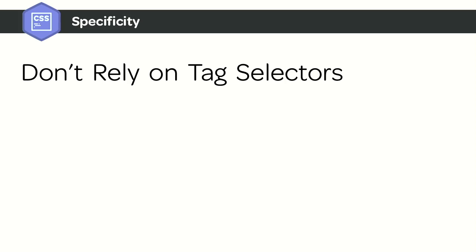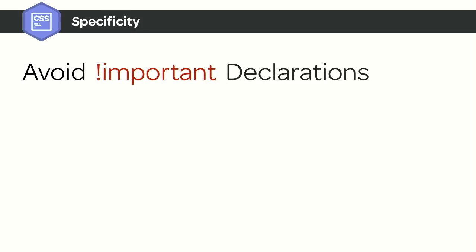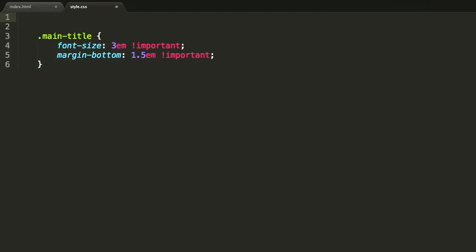It's also important that we do not rely on tag selectors because tag selectors are not reusable and they could be easily overridden, which then makes our CSS architecture more fragile. And finally, we'll need to avoid those important declarations in our CSS values.